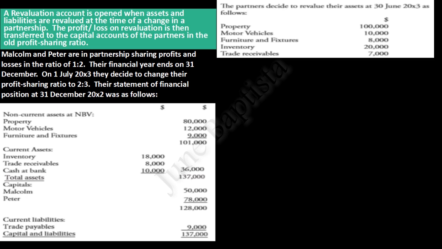Furniture and fixtures, $8,000, which has decreased in value by $1,000. Inventory, $20,000, which has increased in value by $2,000. Trade receivables, $7,000, which has decreased in value by $1,000.